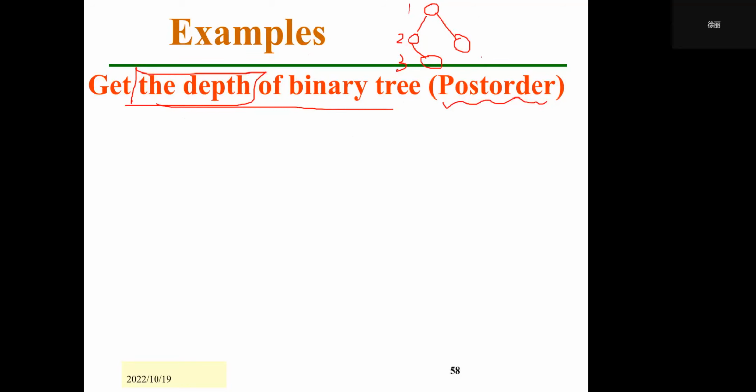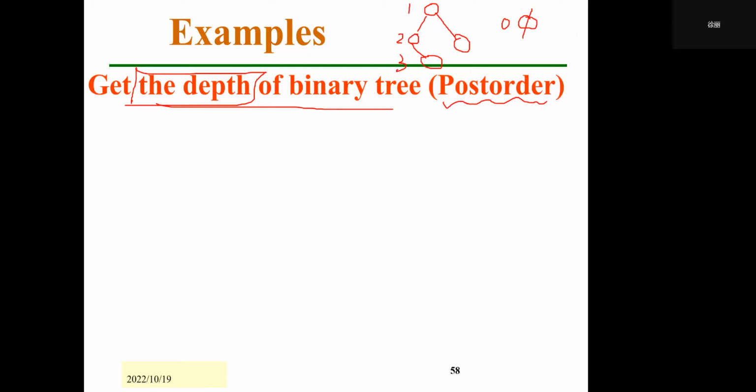So if we want to get the depth of this binary tree, think about the case where the binary tree is an empty tree. In the definition, do you remember an empty tree is a binary tree, right? So the depth is 0, right?